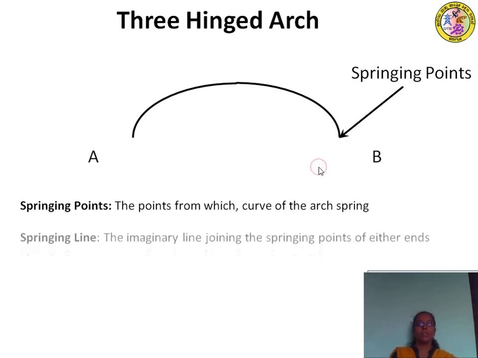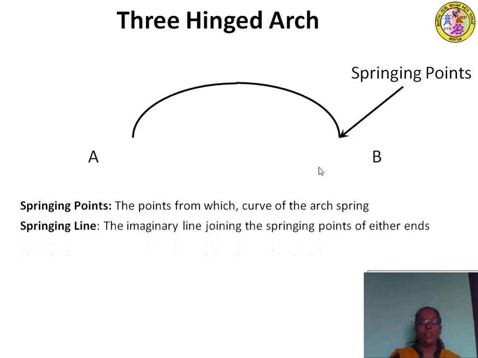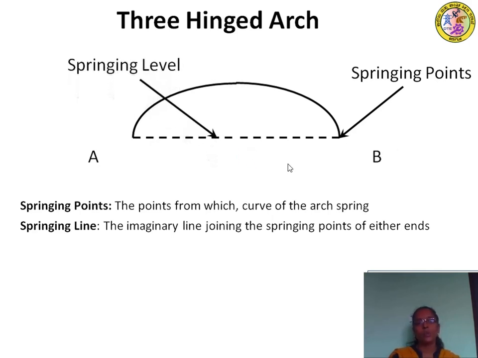Then springing line. If you draw an imaginary line which joins A and B, that is the two springing points, that line is called the springing line or springing level. Next, crown of an arch.